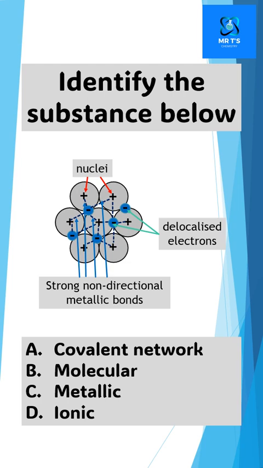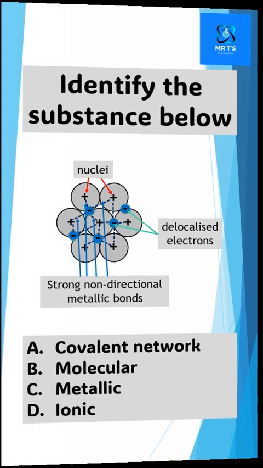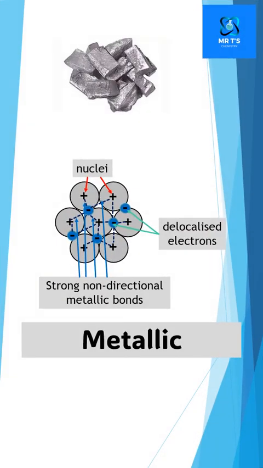So is this A, a covalent network substance, B, a molecular substance, C, a metallic substance, or D, an ionic substance? Of course, this one here is a metallic substance because it has these strong electrostatic attractions between the delocalized electrons and the positive nuclei of the atoms.